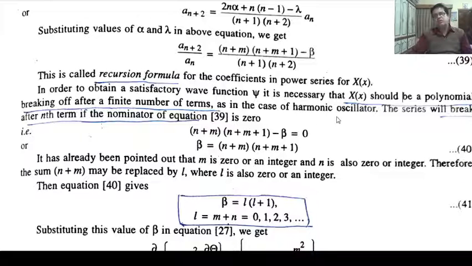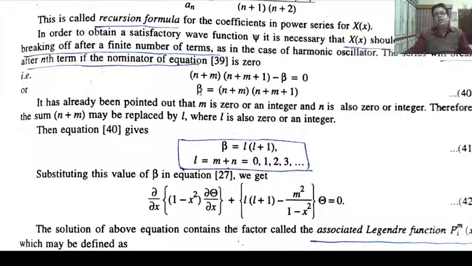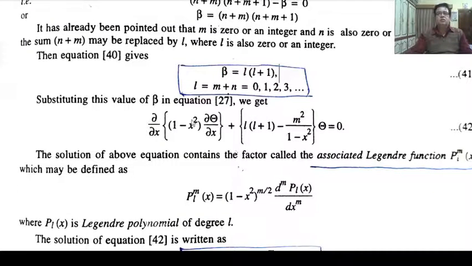As in the case of the harmonic oscillator, the series will break after the nth term if the numerator of the equation is 0. If the numerator is 0, then the series will break after the nth term, and using this, the value of β is (n + m)(n + m + 1), and n + m is L, so β = L(L + 1).